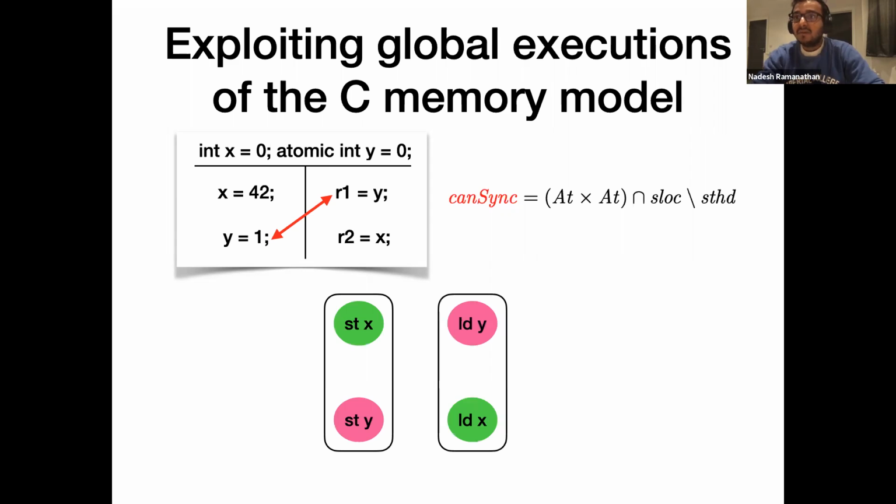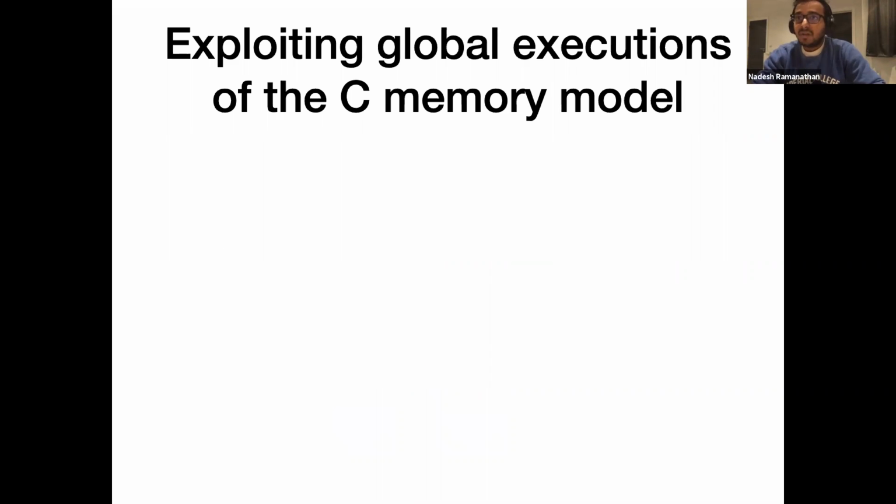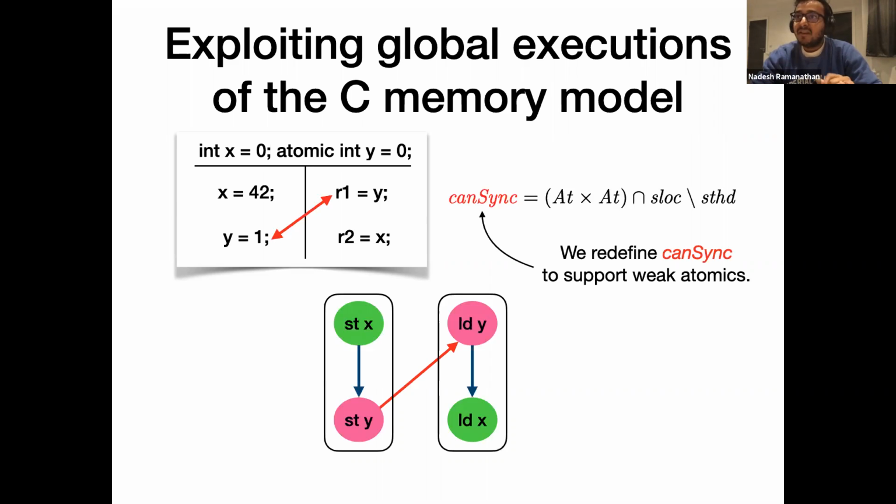And as a consequence, when we do analysis, because the y-axis can synchronize, that means that the x-axis can indirectly also synchronize via a path of execution. And so we need to ensure that these orderings are preserved, right? And we also can redefine CanSync to support weak atomics, which I'll come to slightly later.